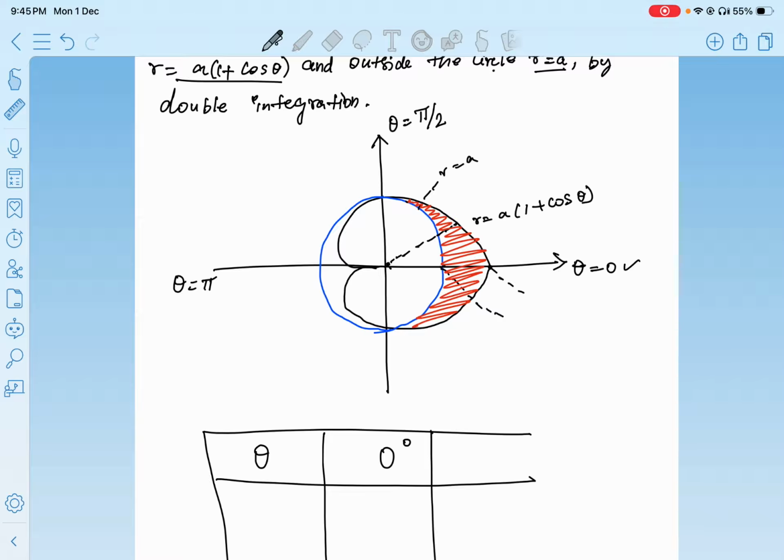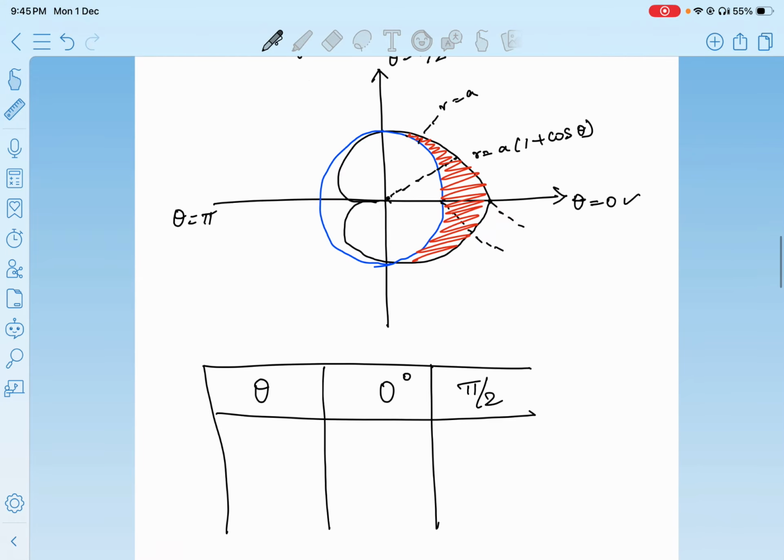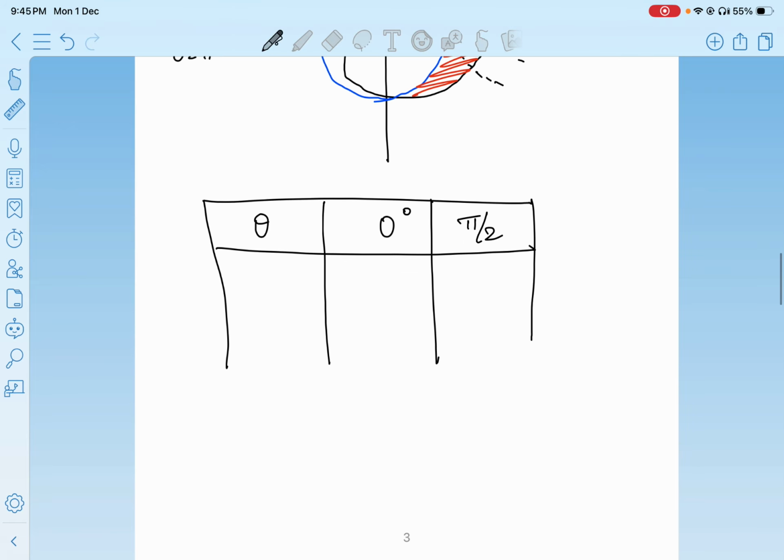This shaded region lies between our 0 degree and pi by 2 degrees. So we are going to find it.